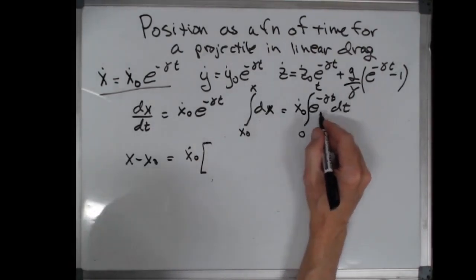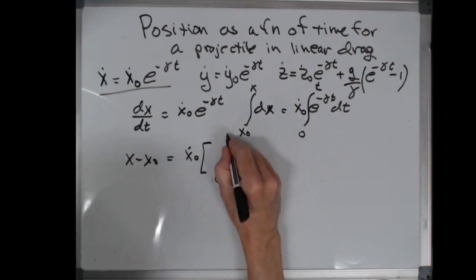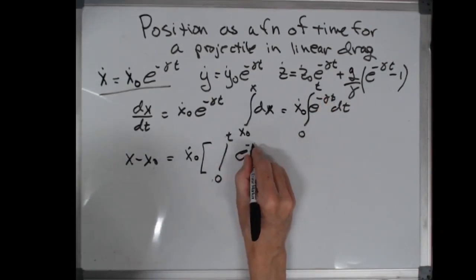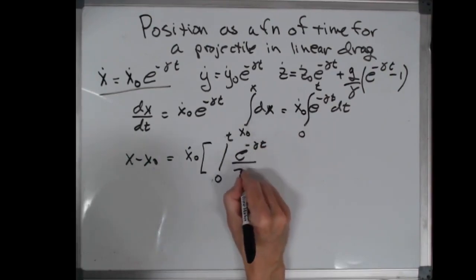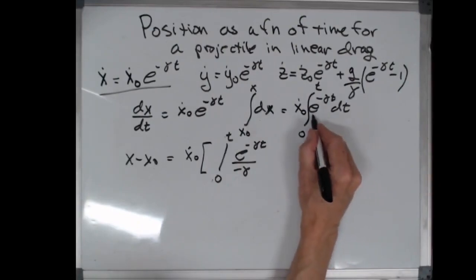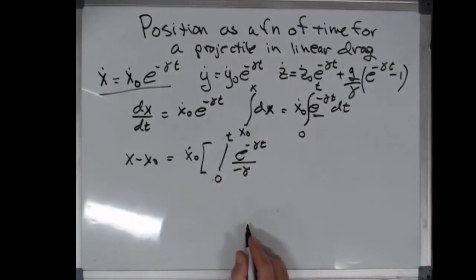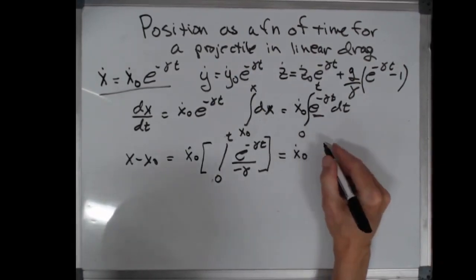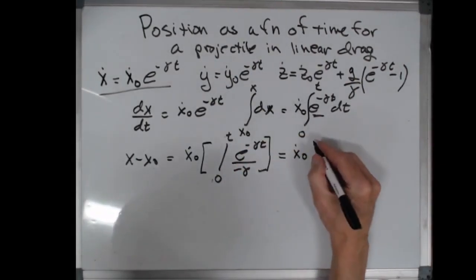So the integral of this thing, I'll just put the 0 to t here again. It's the evaluation at 0 to t of e to the minus gamma t over minus gamma, because that's how this function integrates, right?